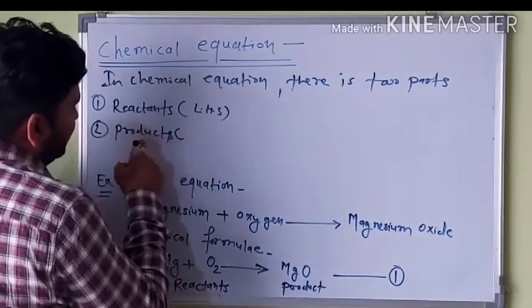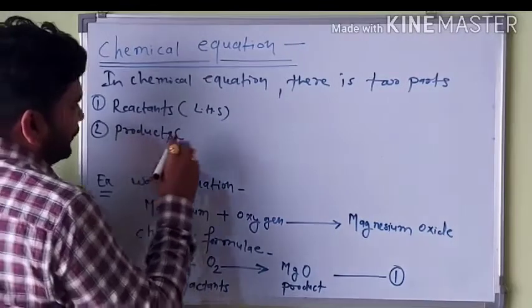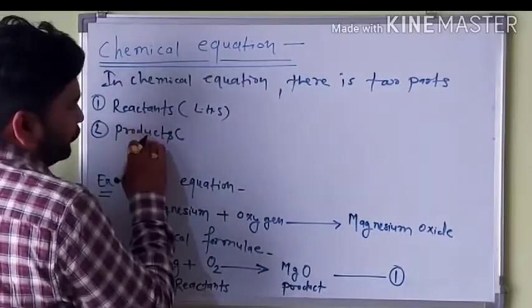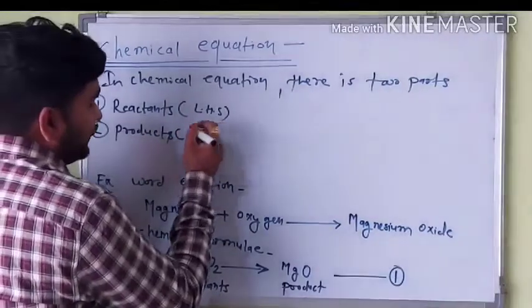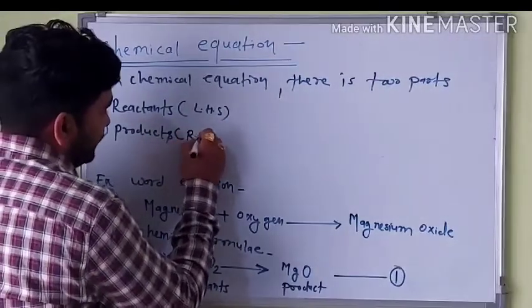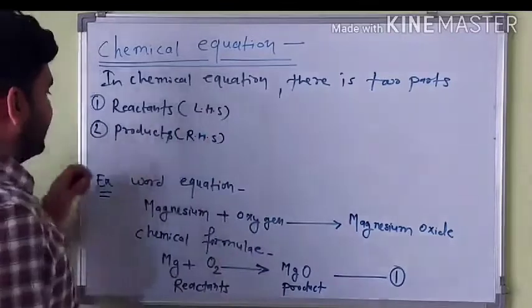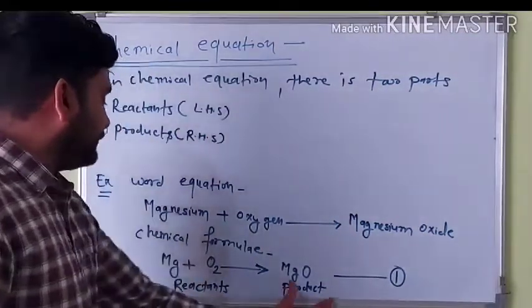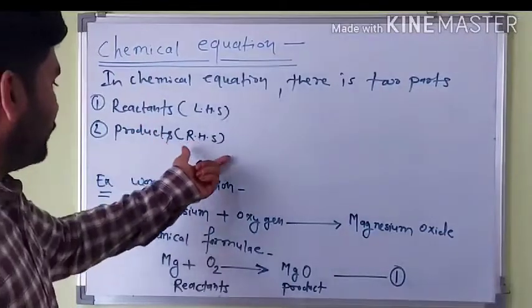There can be more than one of these, and more than two also. Reactants are on the left hand side and products are on the right hand side.